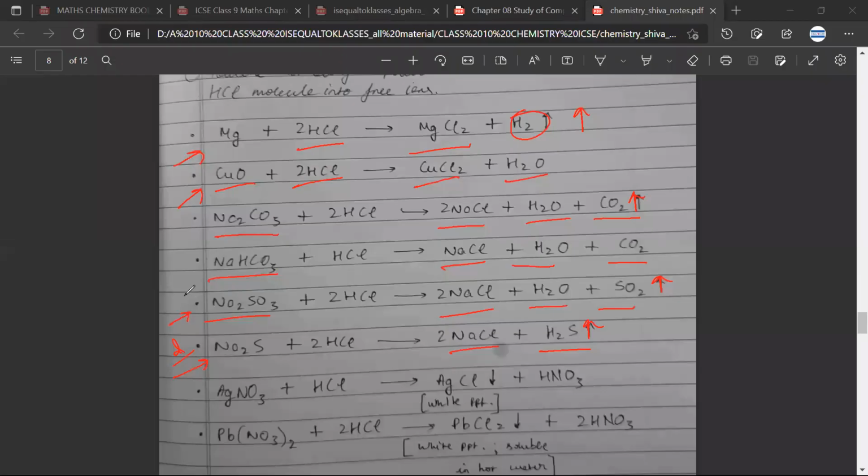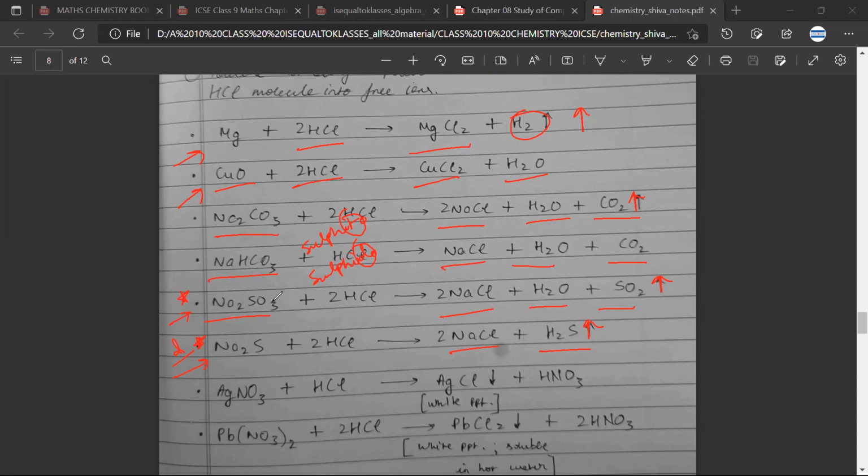So these two reactions are very important because they might ask you to write a certain reaction which involves these two reactions, and they will ask you what is sodium sulfide plus HCl. Now you need to know the difference between sulfite and sulfide.